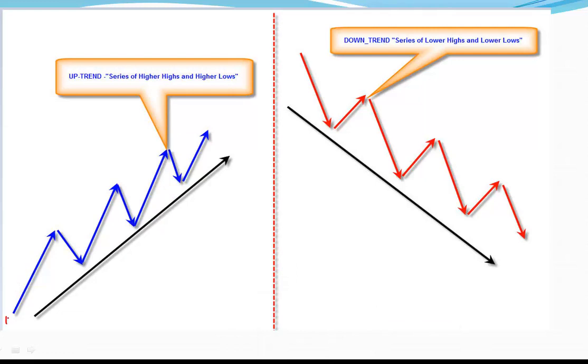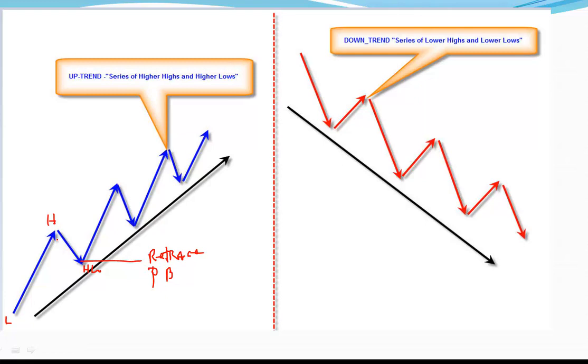So you have your low, you have your high, and then you have your higher low. This right here is called a retracement, or it's called a pullback.